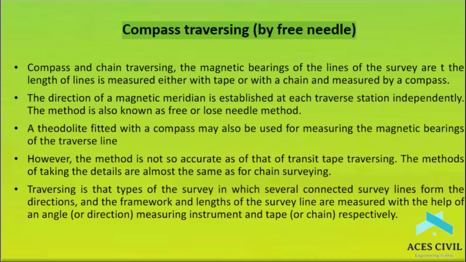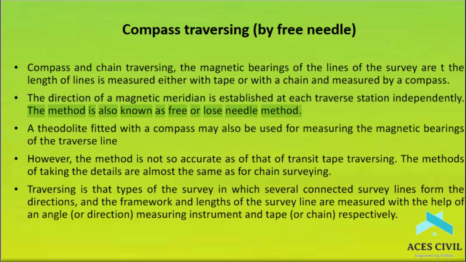Compass traversing, by free needle. In compass and chain traversing, the magnetic bearings of the lines of the survey are taken. The length of the lines is measured either with a tape or with a chain, and the bearings are measured with a compass. The direction of the magnetic meridian is established at each traverse station independently.